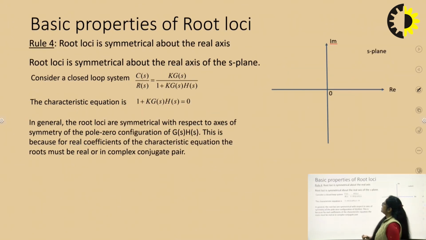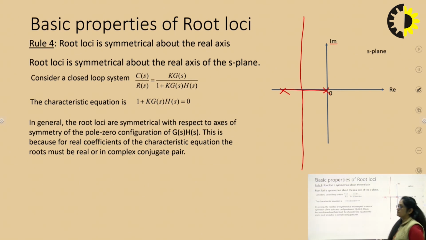Basic property of root locus, rule number 4. Rule number 4 says that the root locus is symmetrical about the real axis. For example, if you have a root locus which is starting from here and there is a pole over here also, there is some breakaway point, then if this is going towards infinity, the other one will come down.